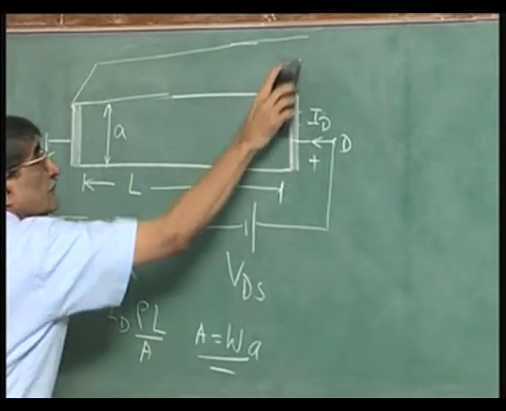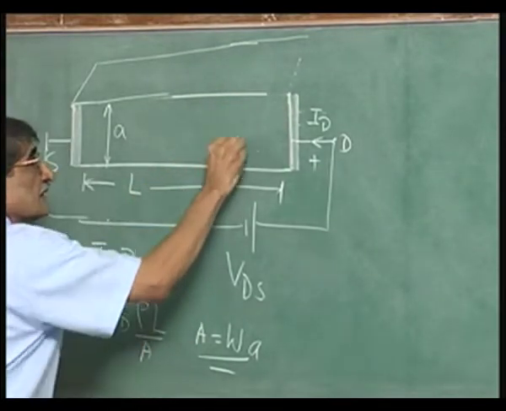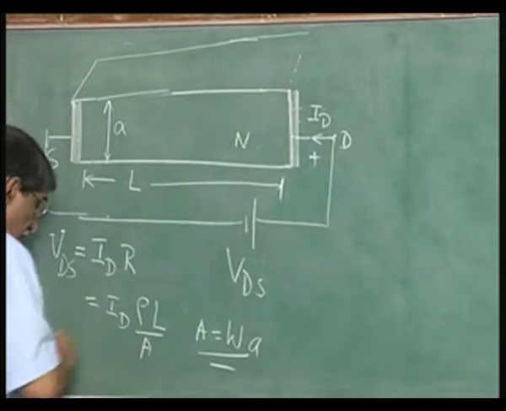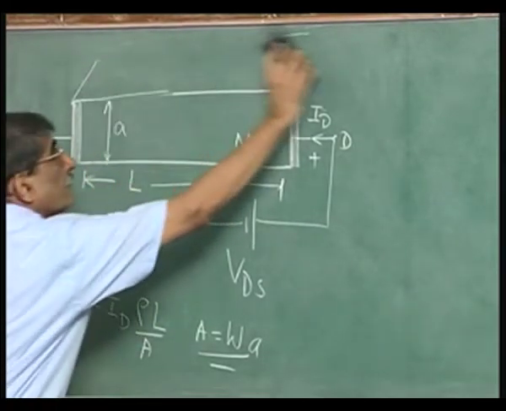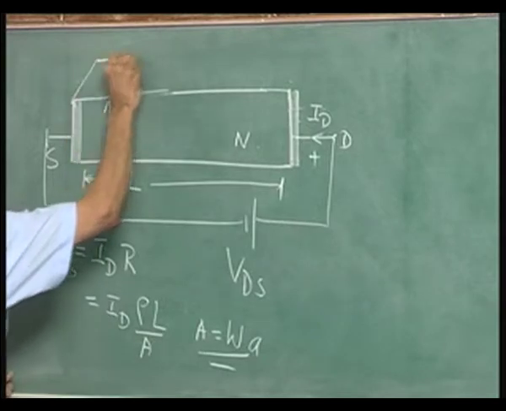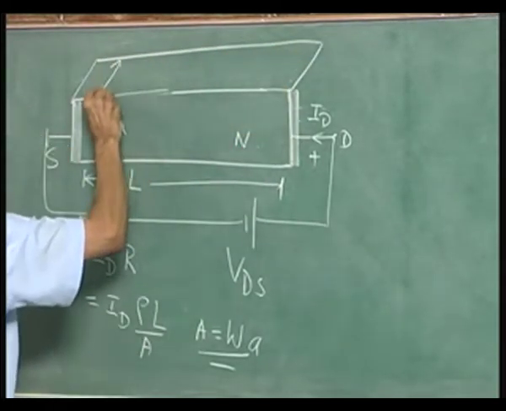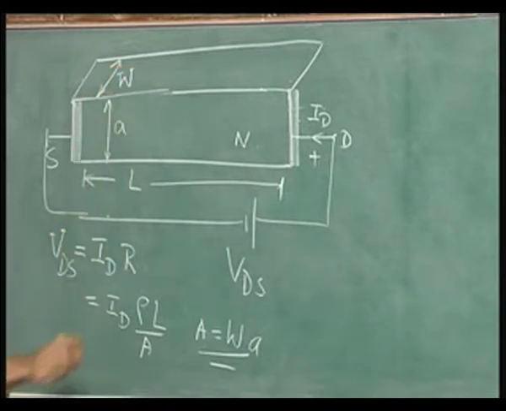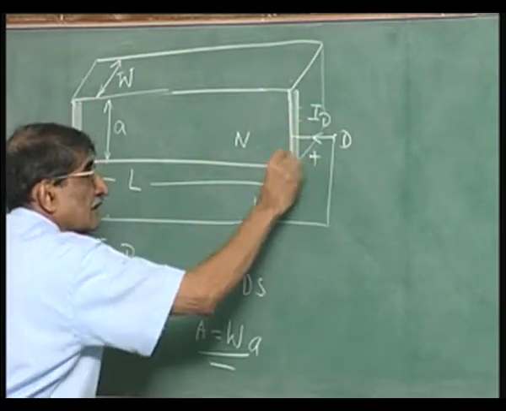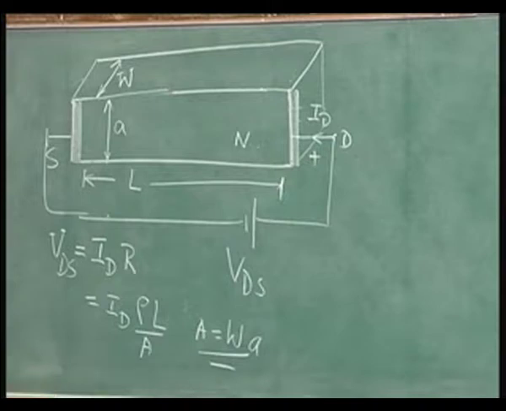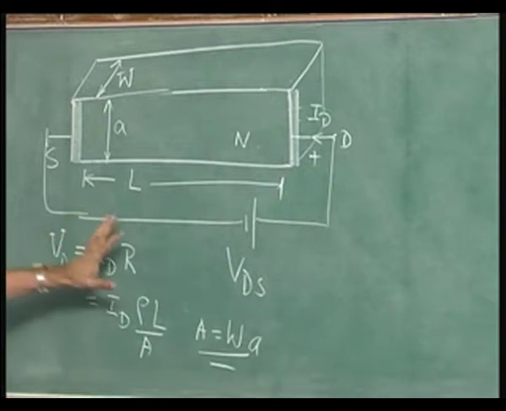Just remove it from here, put it as N, that is W. Okay. And of course, here you will have this coming like that. It is a bar of semiconductor. So, if I have a bar of semiconductor like that, it does not serve any purpose for us.